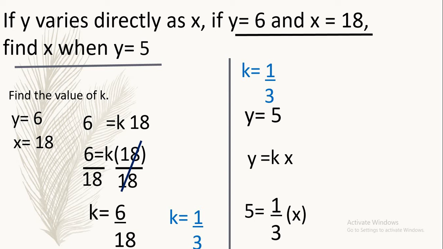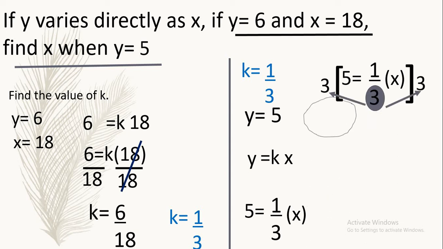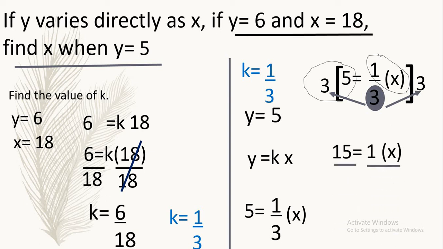Okay, so katulad lang din kanina, we will use the multiplication property. Multiply both sides by 3 to cancel it out. So, yung 3 times 5 is 15. So, matitira na lang si 1 times x, of course, x.